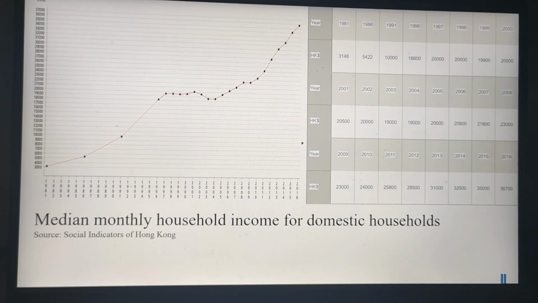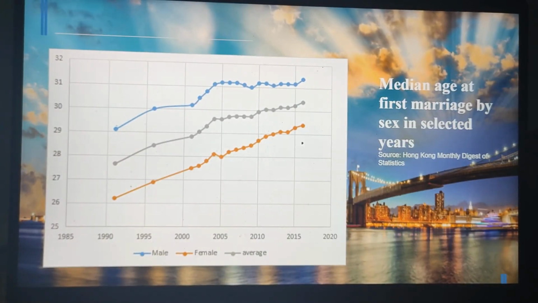Here's the data we found about the median monthly household income for domestic households from 1981 to 2016. And also I made a graph about the median age at first marriage by sex in selected years.